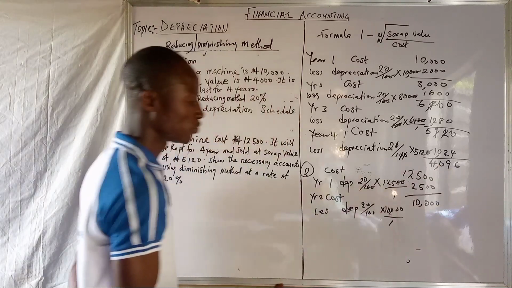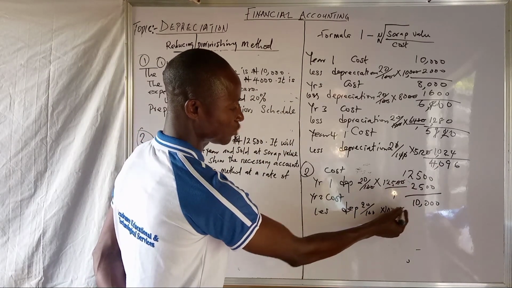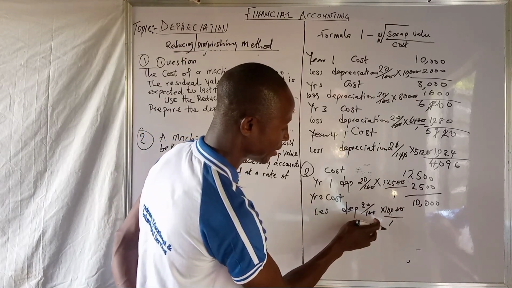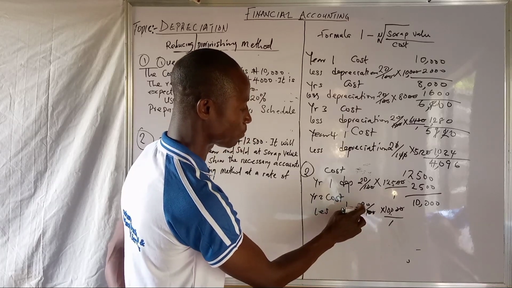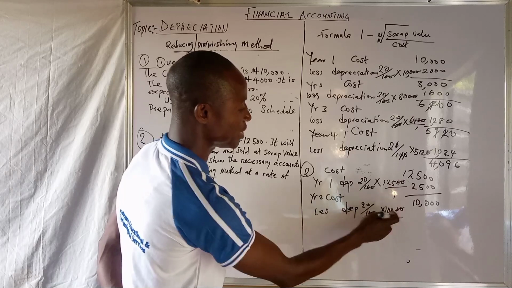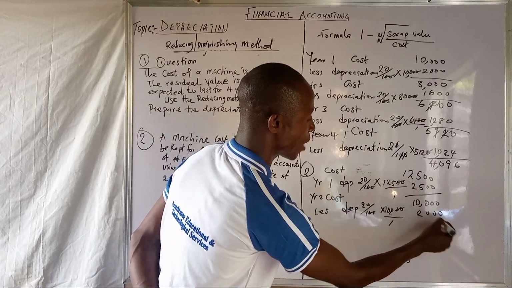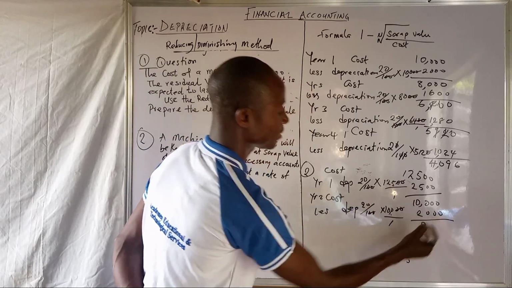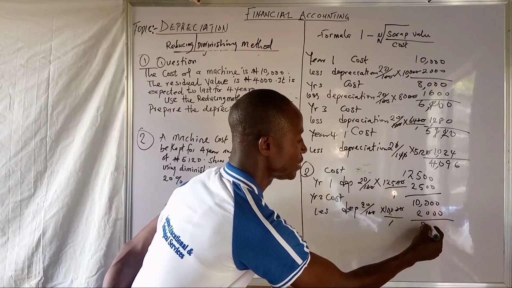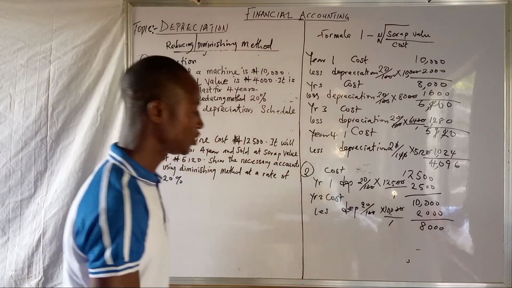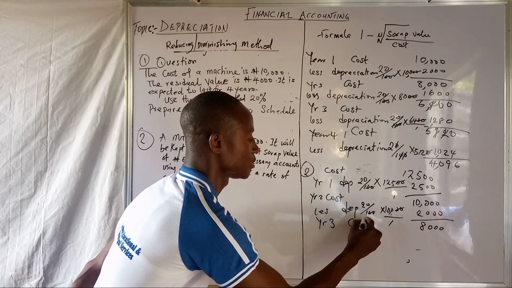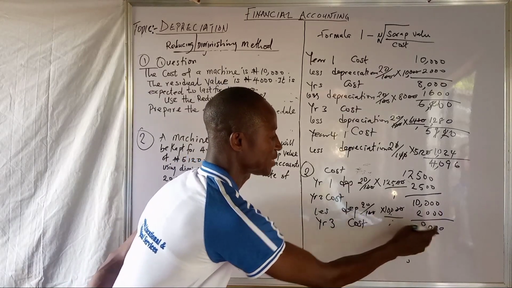You have to agree with me that this 20% of this 10,000 is going to give us 2,000, because 2 multiplied by 1, which is 2, and this is 20 here, that is 2,000. So when you less the 2,000 is 8,000, and this 8,000 is going to be the cost for the third year. That is year 3. Year 3, the cost is going to be the 8,000.